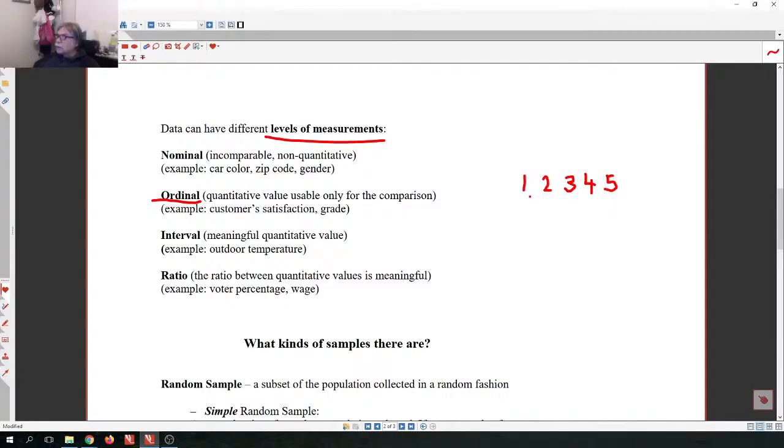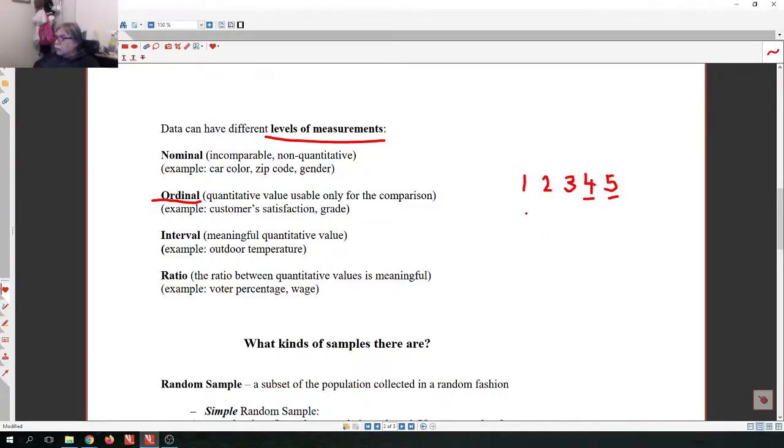These numbers are only important in terms of comparison between them. So I can say that a customer satisfaction of 5 is better than a customer satisfaction of 4. But I cannot tell you that it is 20% better or 30% better or anything like that. I just know that it is better.